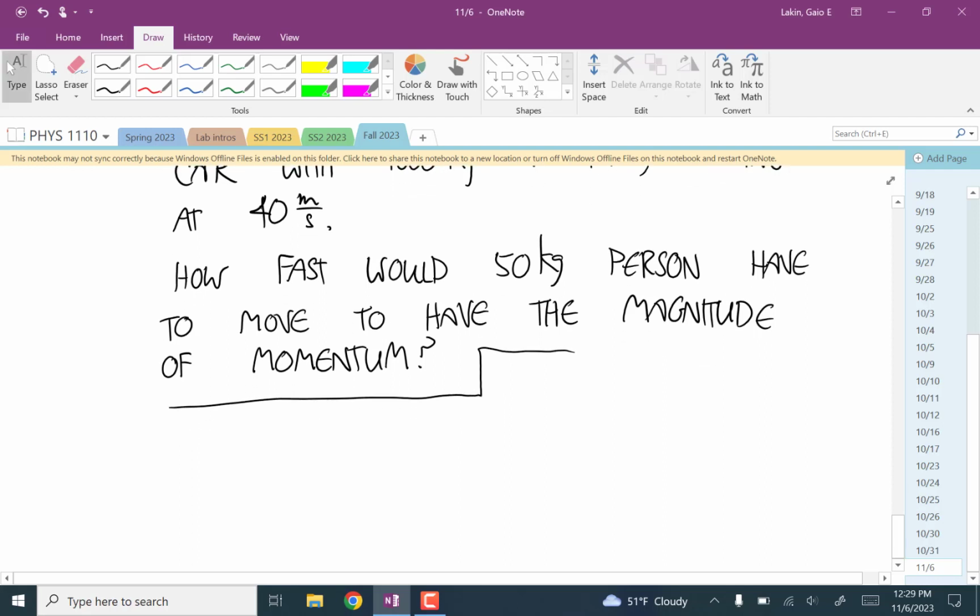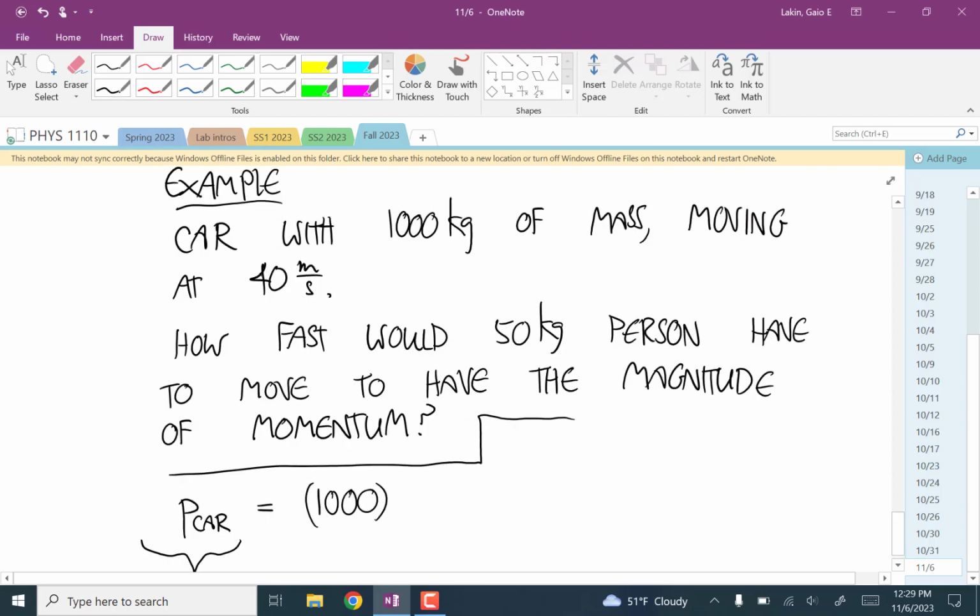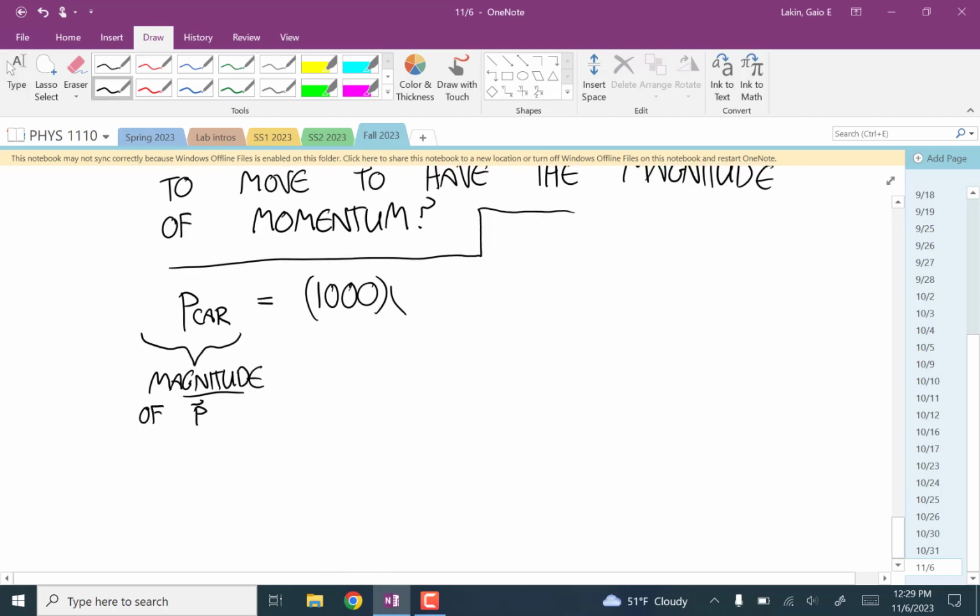Okay, well, the car, we're just calculating the magnitude of the momentum. We're not worrying about the fact that it's a vector for now. Has a mass of 1,000 times a speed of 40 meters per second.